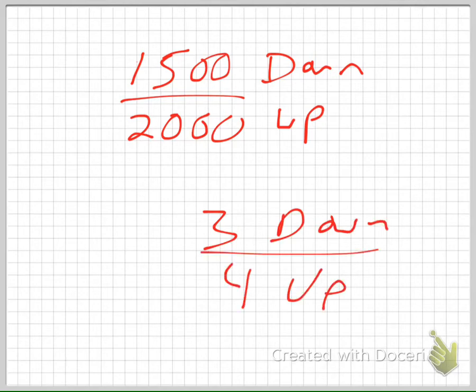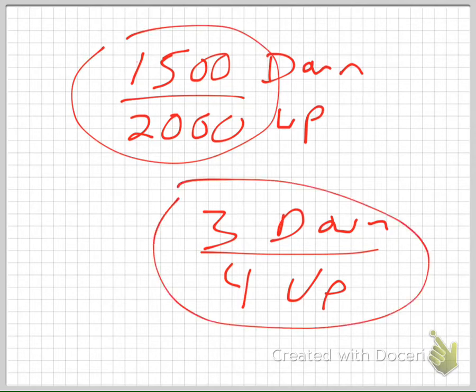Now you have a much better picture than having to do this big, huge math problem in your head. This makes much more sense, right? You want to reduce ratios so that it makes easier sense and better sense to the person who's reading them or working with them.